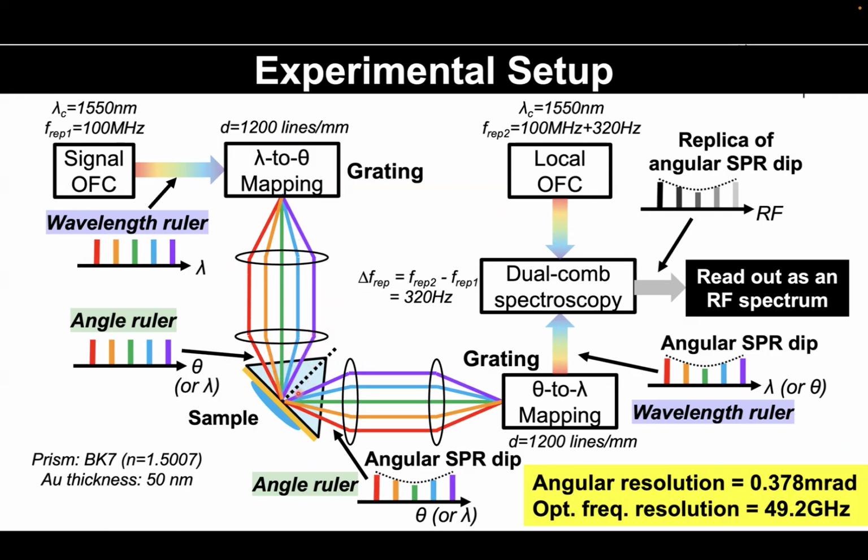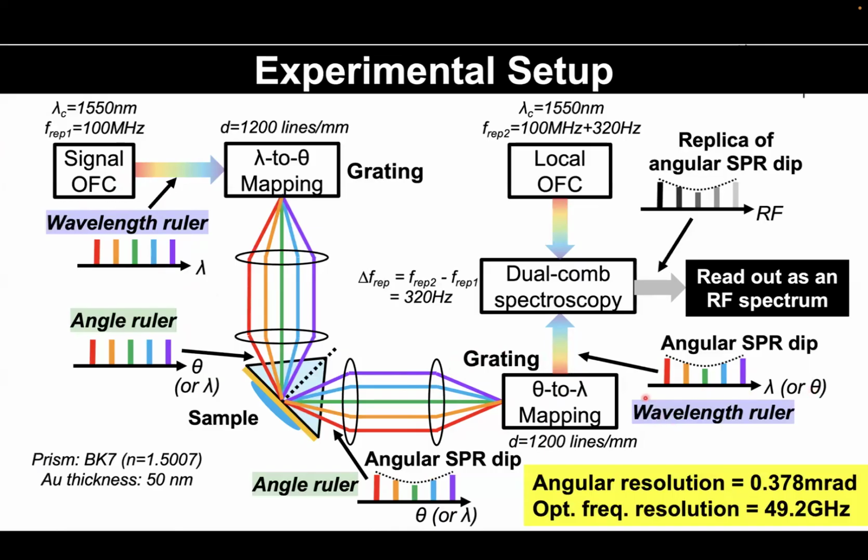And then the reflected light passes through another combination of a relay lens and grating. As a result, the spatially separated OFC modes are combined again. So in this way, the signal OFC works first as the wavelength ruler, then the angular ruler, and finally the wavelength ruler again.